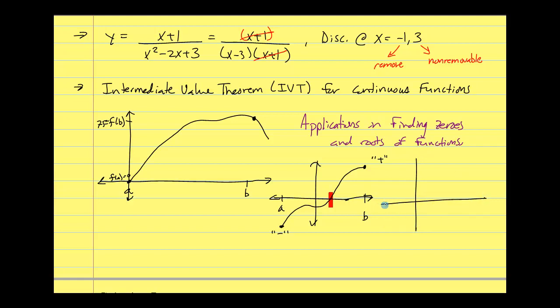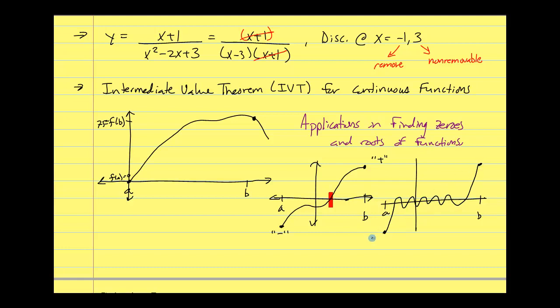So the same example from A to B, I could start at this end and end up here. But what the intermediate value theorem doesn't do is guarantee the number of zeros.